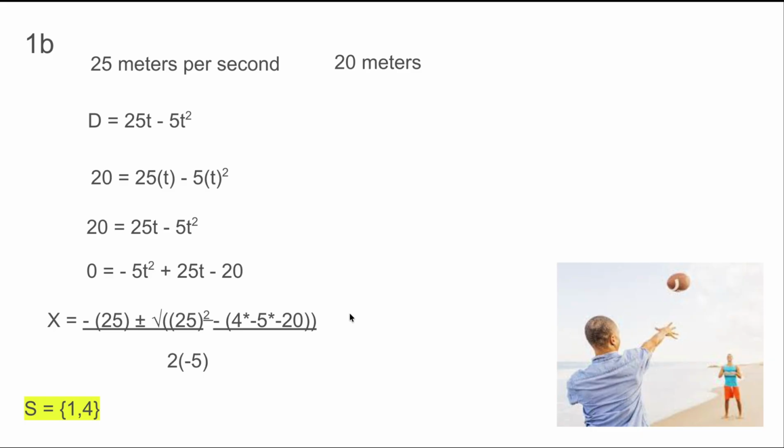And we do this twice because we have to do it first with adding and then second with subtracting. And we get 1 and 4. Now, what this means, we have two numbers. You remember our kind of arc that we saw? It goes up then down. That means that it hits 20 meters at 1 and 4 seconds.